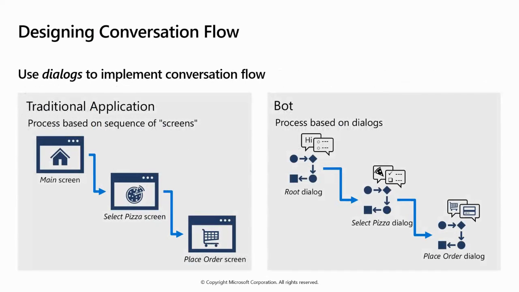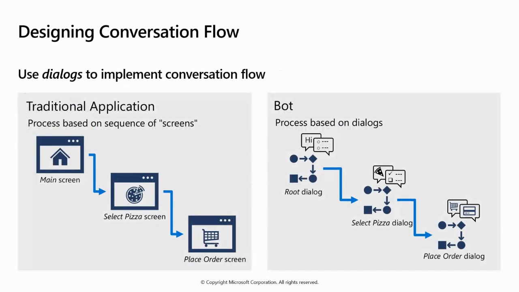It might be helpful to look at how interactions work in a traditional app and how they work in a bot. Consider a pizza ordering application. Users tend to think of the interactions in a traditional application as a series of screens or pages.